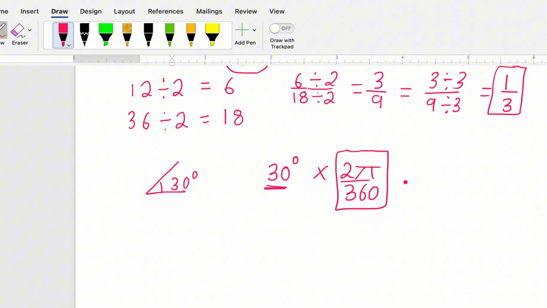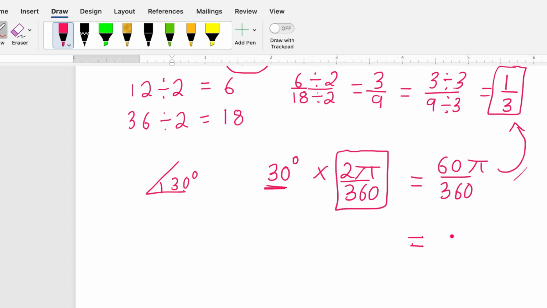Now this is the same as 30 times 2 pi over 360, which is 60 pi over 360. Now remember, I told you guys we're going to reduce the fraction and keep the pi as itself. That's why we were learning how to reduce the fraction, just like that.